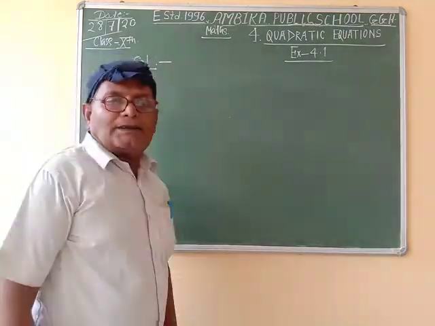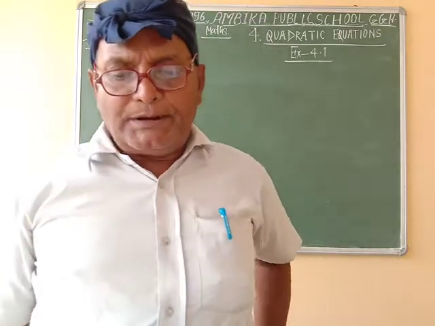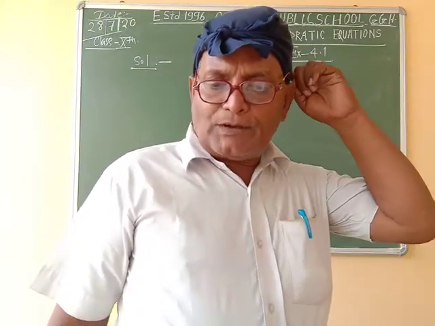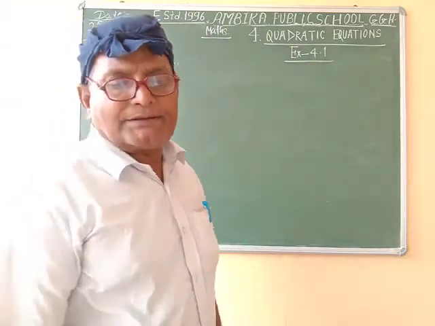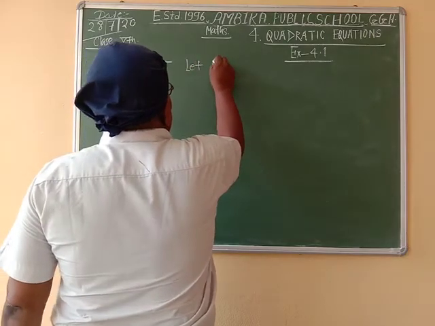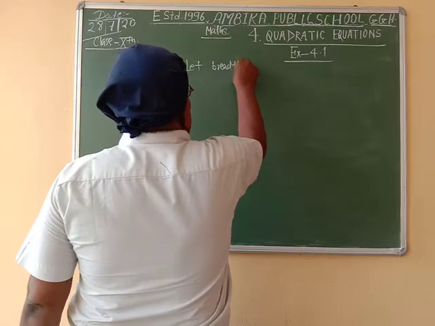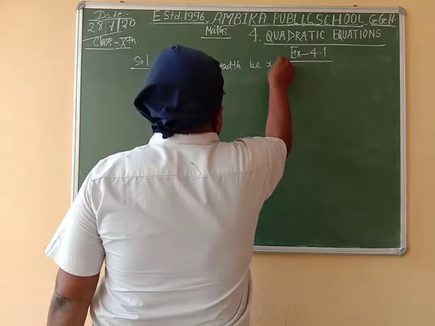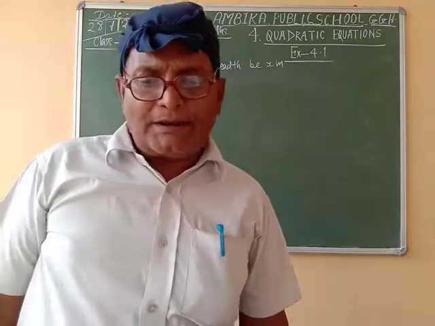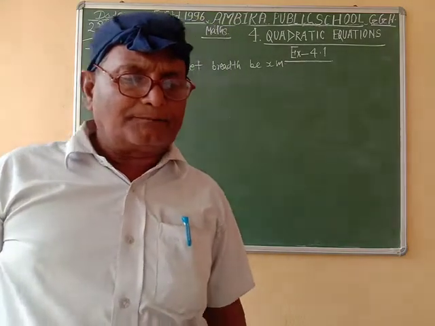Let us consider the length of a rectangular plot. Let breadth be x meter, because we are given the length of the plot is one more than twice its breadth.